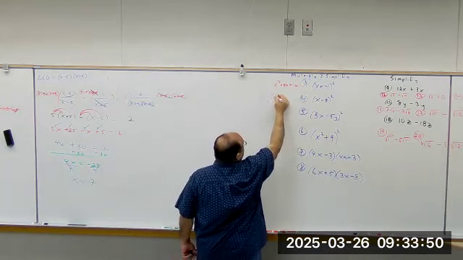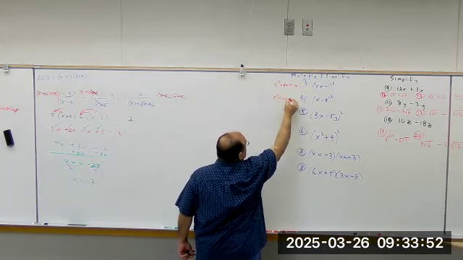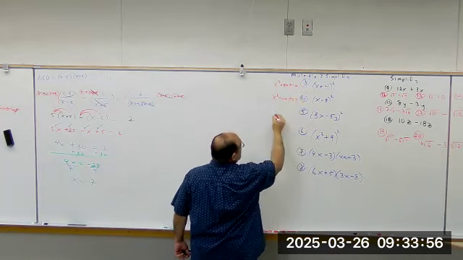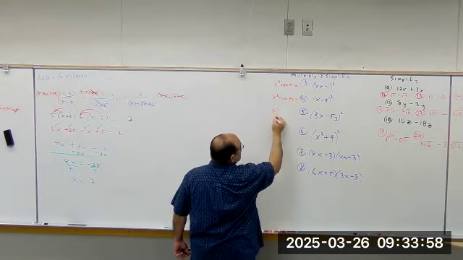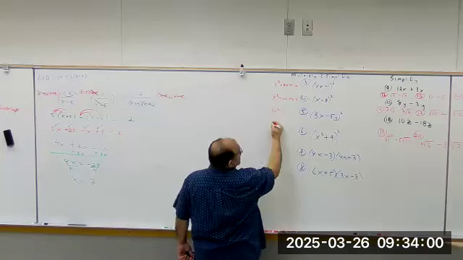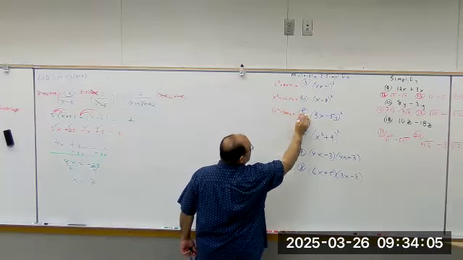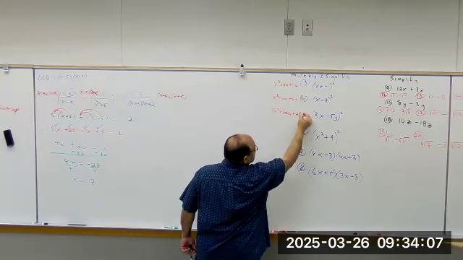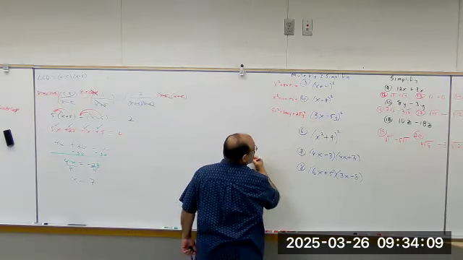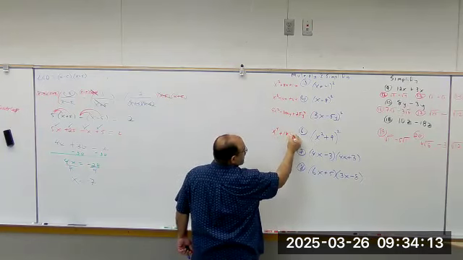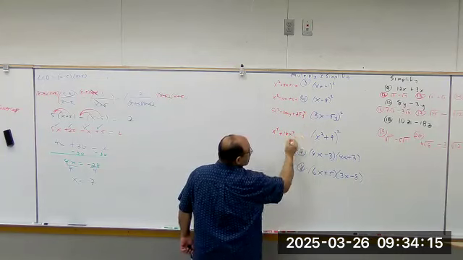This one is x squared minus 16x plus 64. This one is 9x squared minus 30xy plus 25y squared. This one is x to the 4th plus 18x squared plus 81.